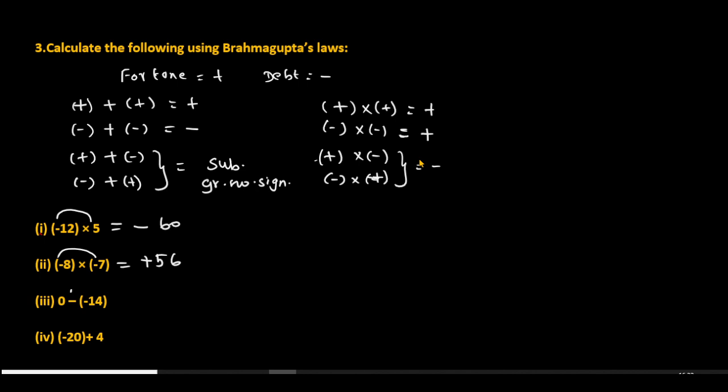Then look at here, minus into minus is plus, remove the bracket, 0 plus 14. So 0 plus anything is the same. Now negative division, minus 20 is divided by plus 4. Minus divided by plus is minus, 20 divided by 4 is 5.